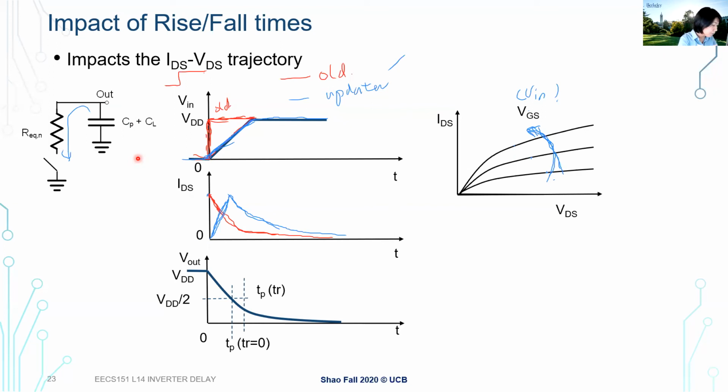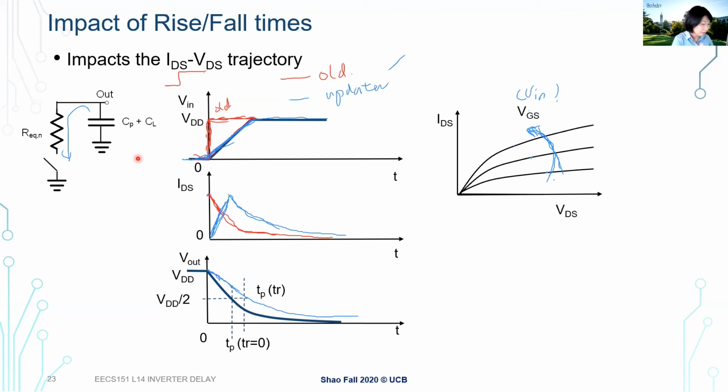But in a more realistic scenario, when we consider that it also takes time for the input to transition, it's actually slower for my output to reach the low voltage. It's discharging a little bit slower because my current is also lower here.